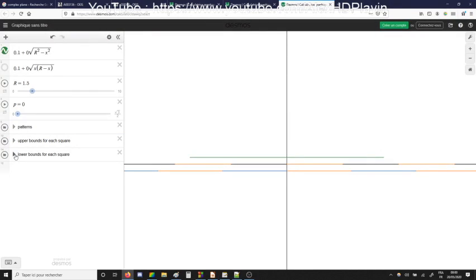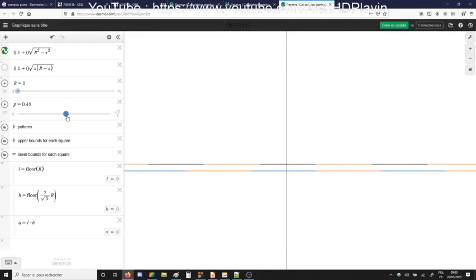But the lower bounds, here's what I got: floor of R and floor of 2 over 3R. They are very, very basic ones, but they still work. Here you can see it says that there's 0 thing, because if we tilt to anything other than 0 or square root of 3 over 2 on this slider, there's no change whatsoever.